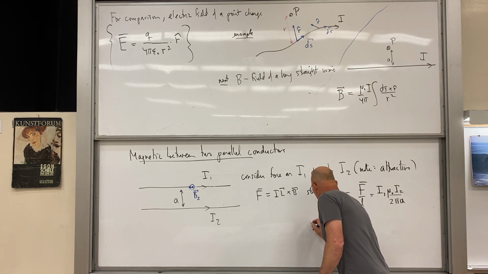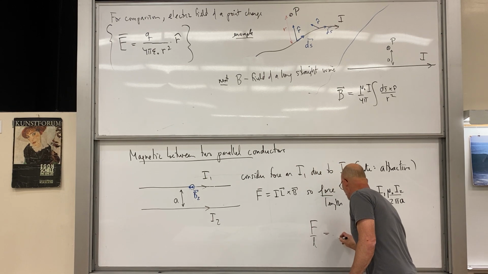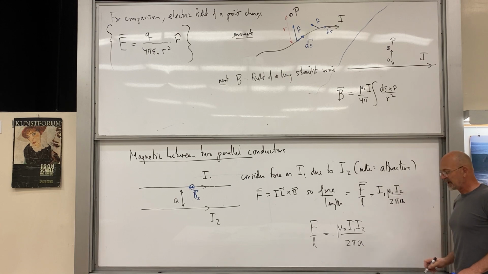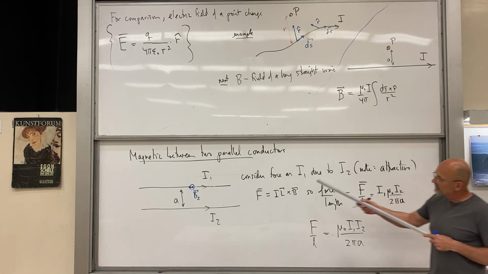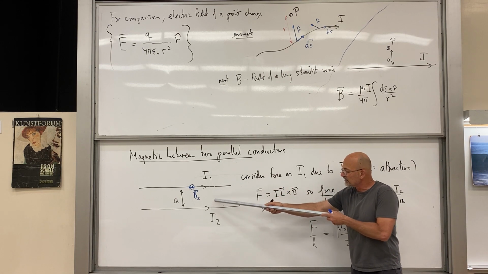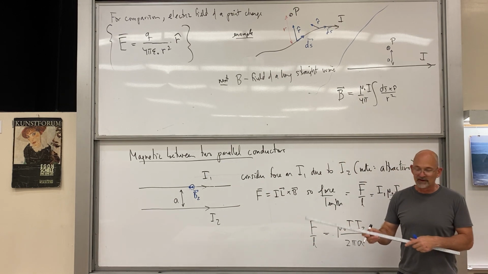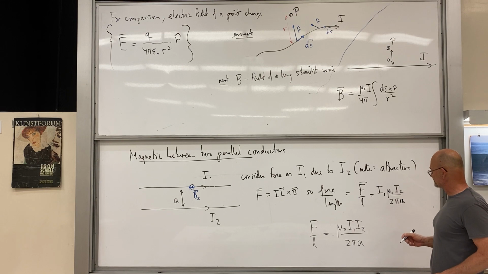So F per L equals mu naught I1 I2 over 2 pi separation. And it is attractive when the currents are parallel, therefore it's repulsive if they're anti-parallel, if they're in the opposite direction.